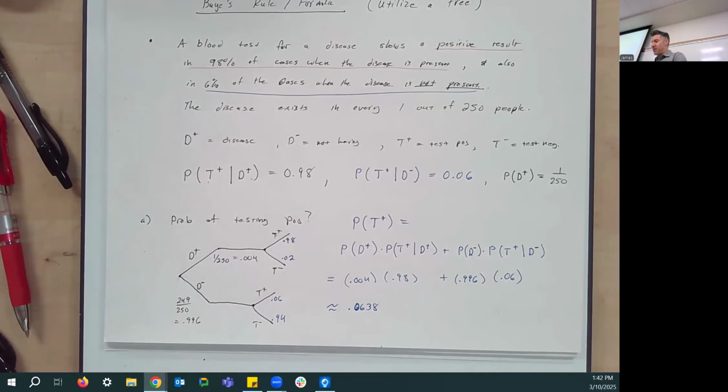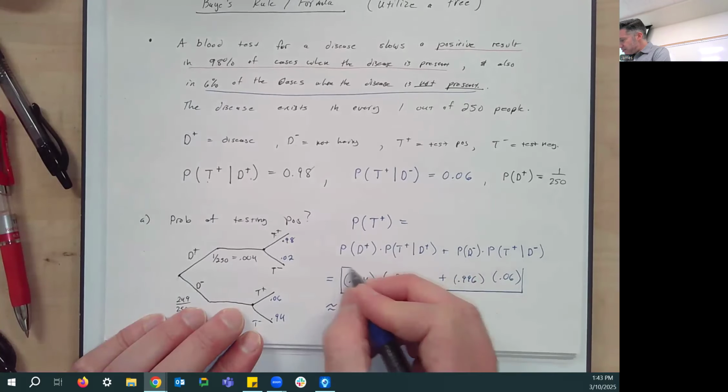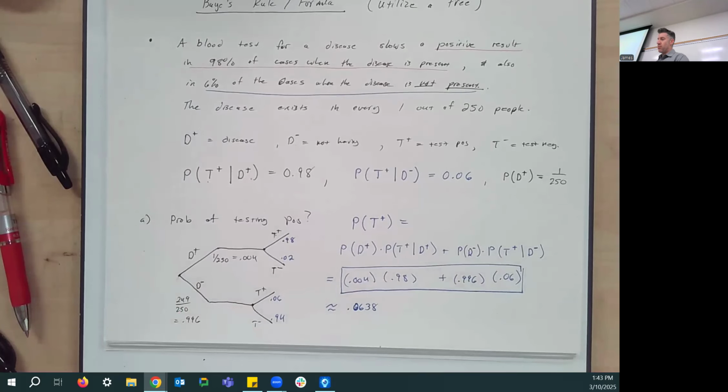I don't really care about this number. On an exam, you would definitely leave it like this. But it's interesting to notice that the probability of testing positive is pretty close to the same as the probability of a false positive. Since the disease is so not prevalent, it's actually the false positives that are giving you most of the positives here, and the actual that have the disease, not so much.